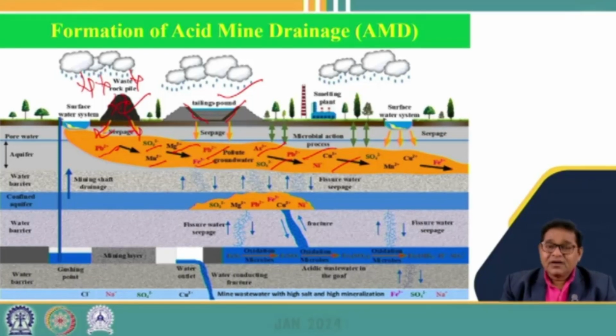And when the rainwater precipitates, because of its acidic nature it dissolves the minerals and the metals present in these tailings, and this flows into the aquifer. In this aquifer it meets with the water bodies and makes the water highly contaminated with metals, sulfate and other contaminants present in these waste piles.